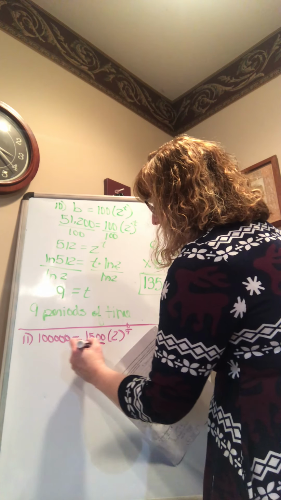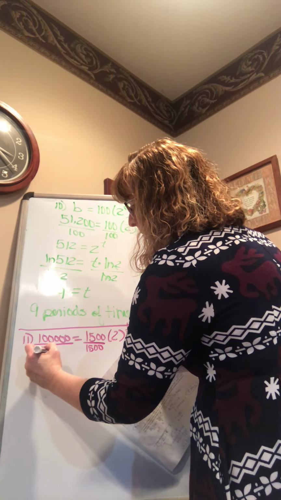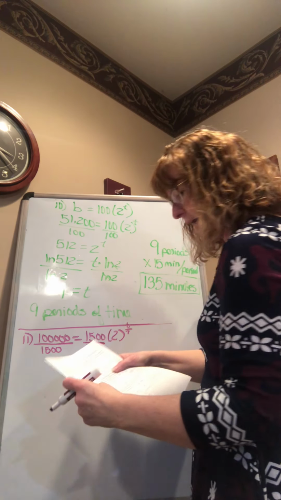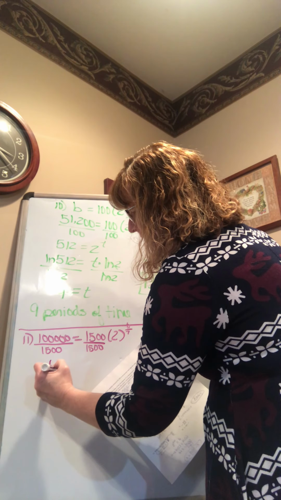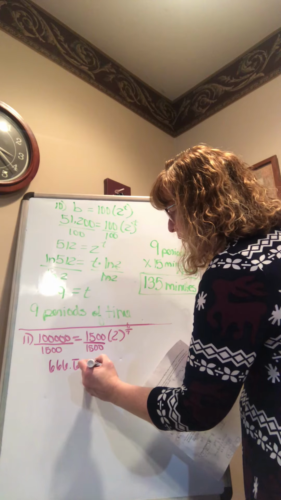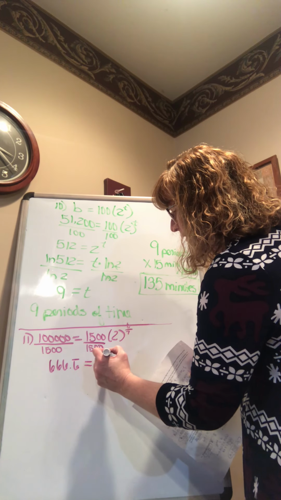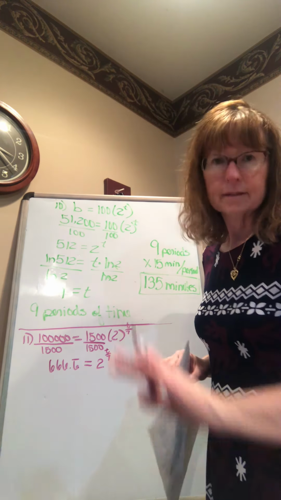Well, I'm going to divide out the 1,500. And I am going to get 666.6 repeating. And guys, this is why it's so important to keep the numbers on your calculator, or repeating decimal. Just let your calculator hold on to it and then use that number.